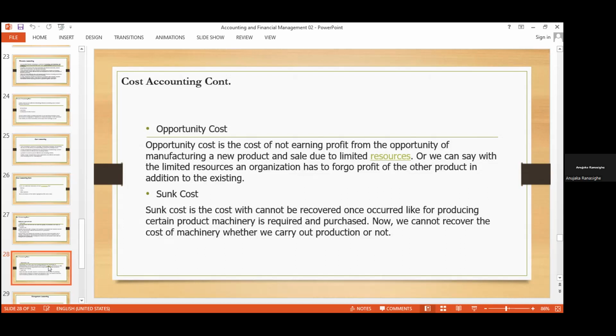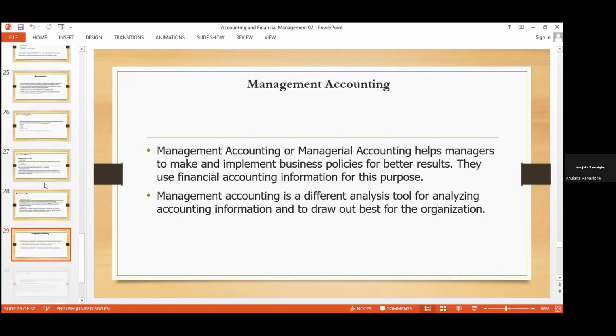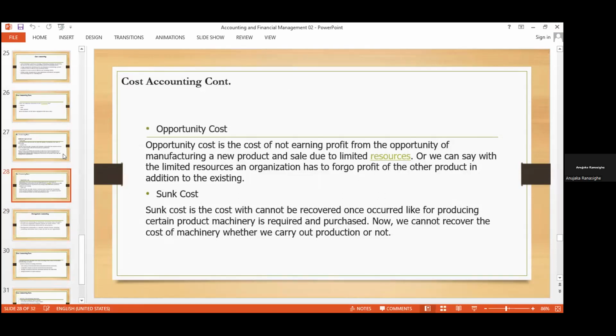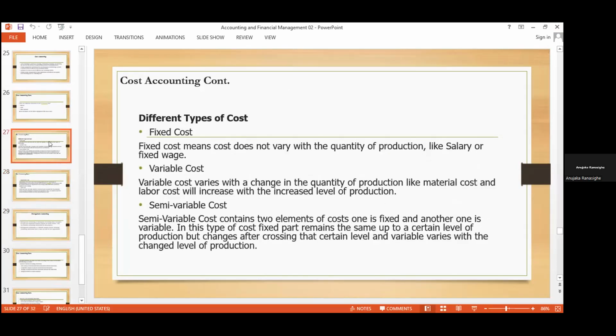The cost we have already incurred is the sunk cost. The different types of cost in cost accounting are fixed cost, variable cost, semi-variable cost, opportunity cost and sunk cost.